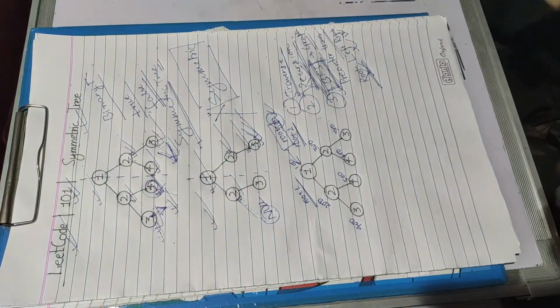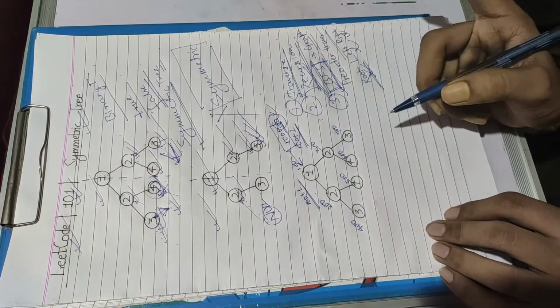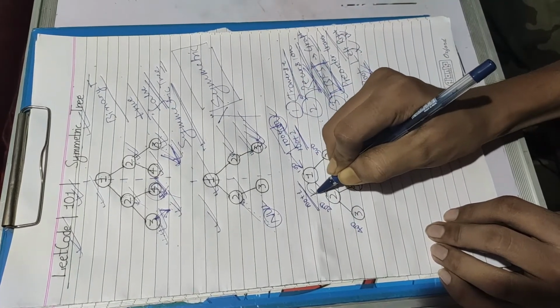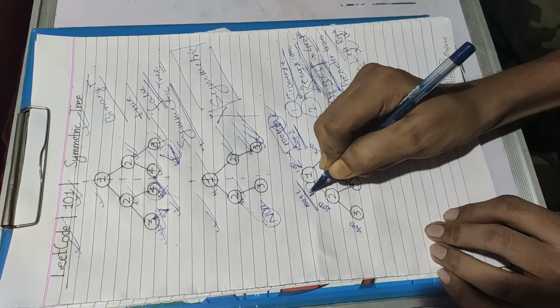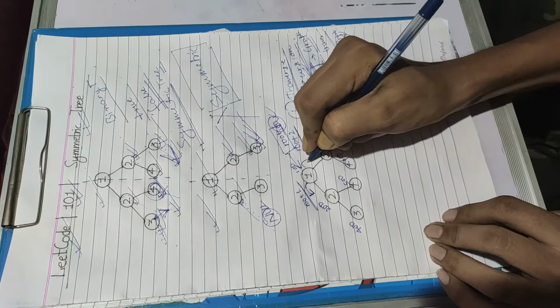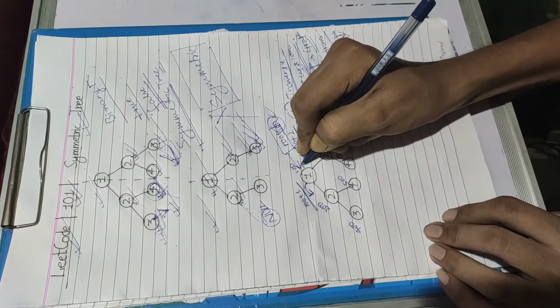Now root 1 points at the start to the left of the root node, and root 2 will point to the right of the given root node.